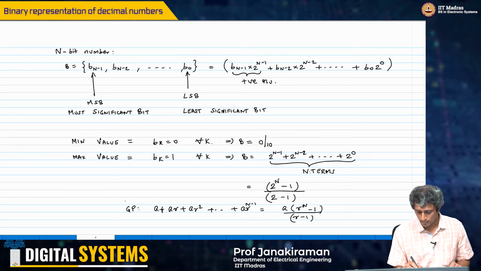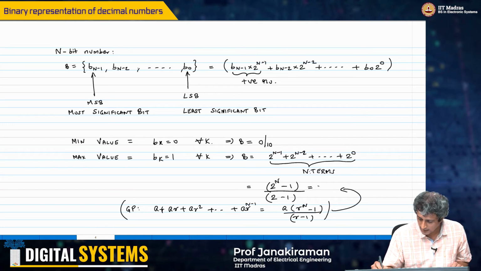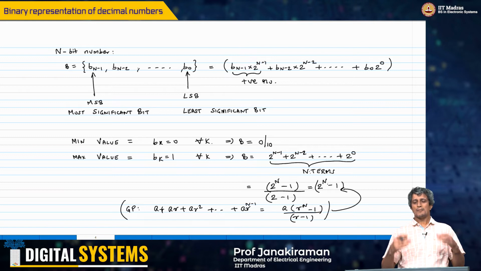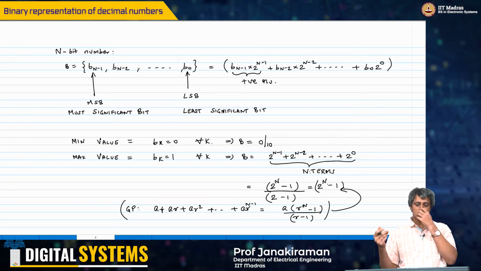So, you use this result and plug it in here, and you will get the answer 2 power n minus 1. So, the maximum value that can be represented by an n bit binary number is 2 power n minus 1.